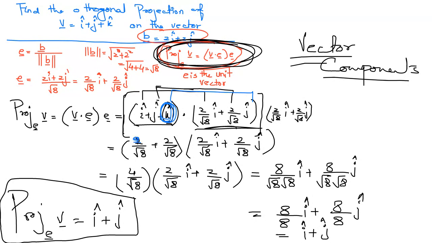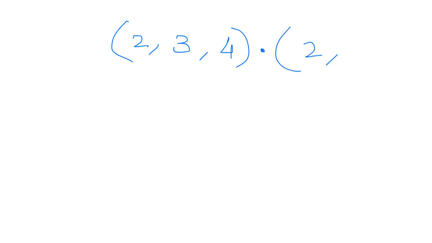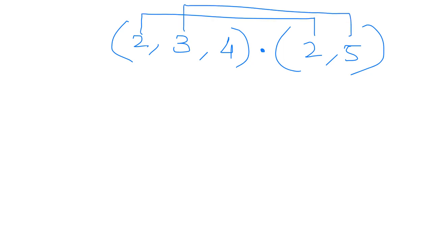Only two components. Okay, so you can make the dot product of two different vectors. For example, here one vector is 2, 3, and 4, and you want to make the dot product with 2 and 5 only. First component with the first component, second with the second one, and the third you can consider equal to 0.